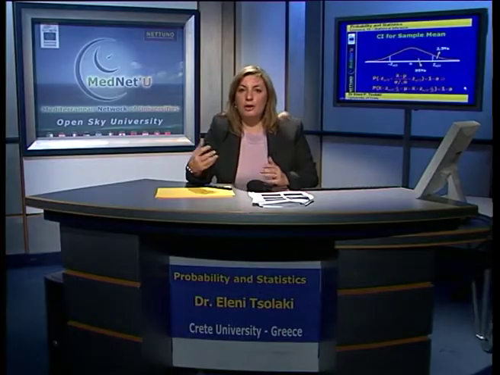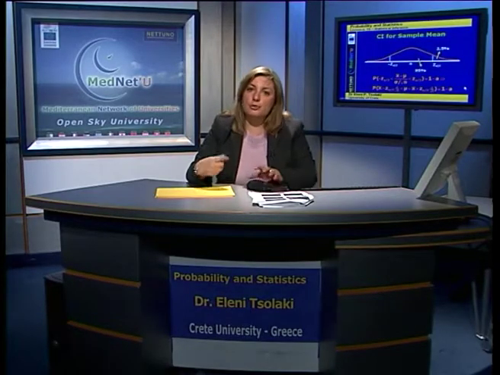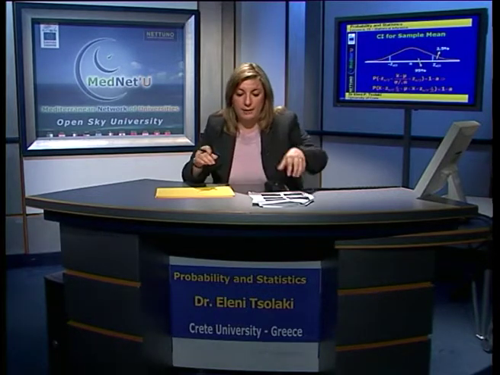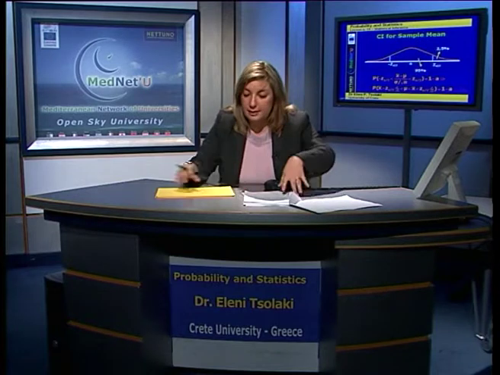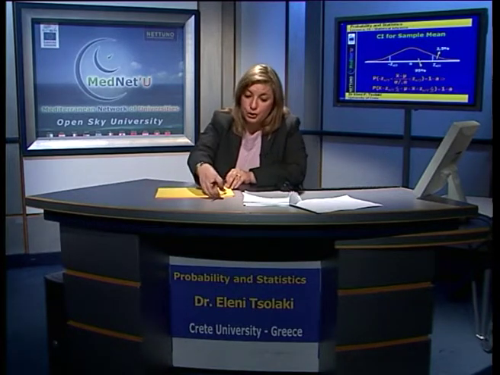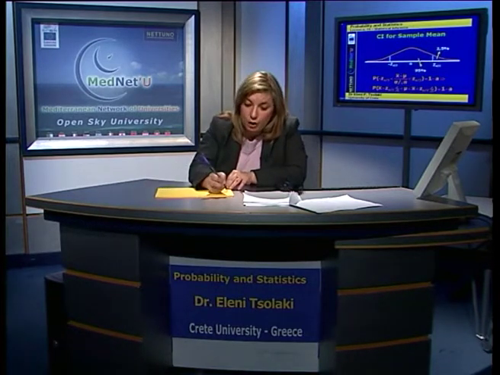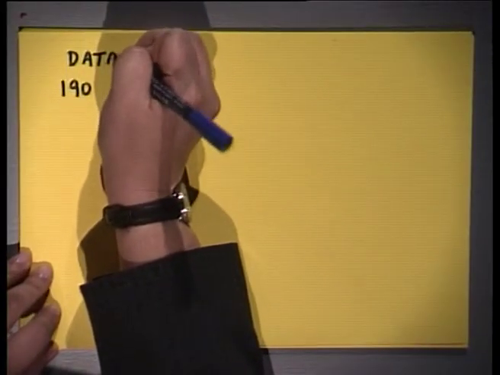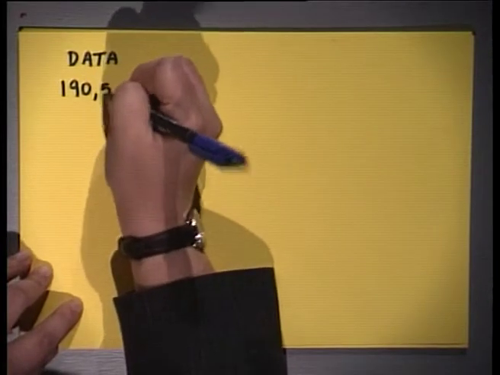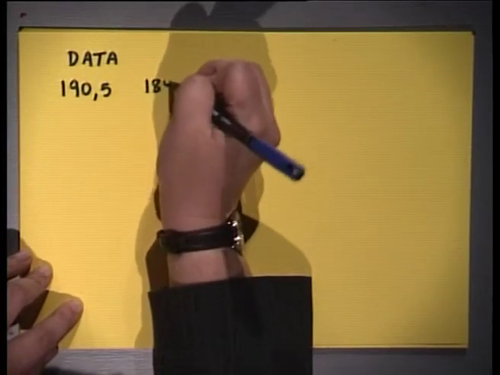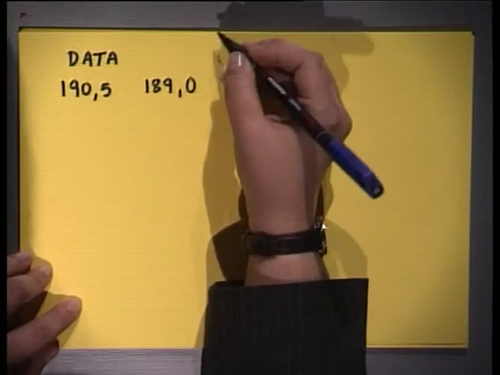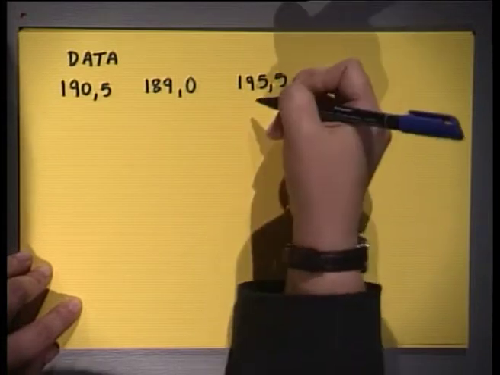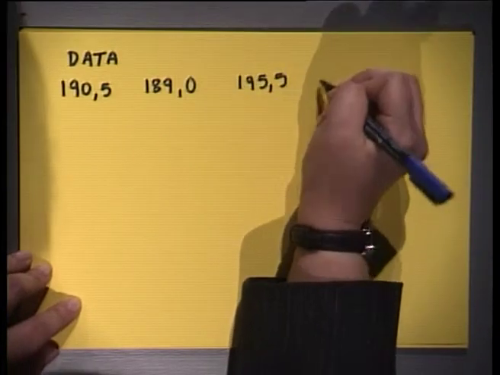Now we are going to work through an example to see actually how all this we've learned can be used. We assume that we have the following data. We are only going to have 4 points here.